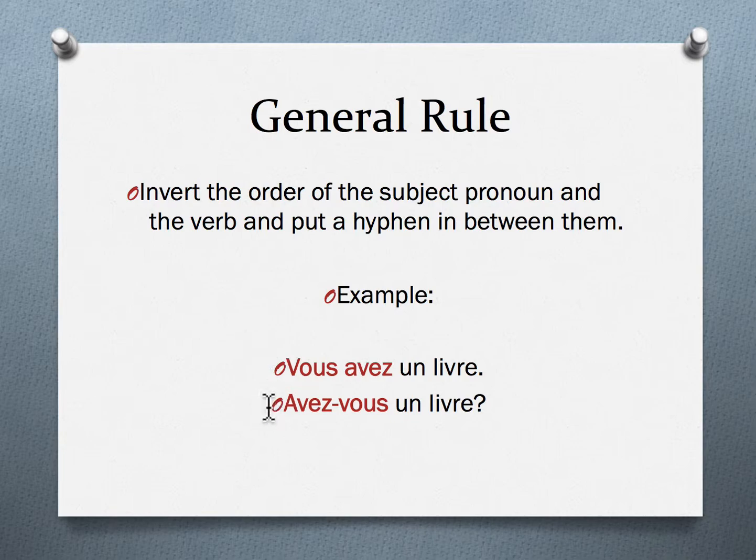Question using the inversion: Avez-vous un livre? So, invert the order of the subject pronoun. Vous is the pronoun. Avez is the verb. I invert those two and I put a hyphen in between. So, avez hyphen vous.